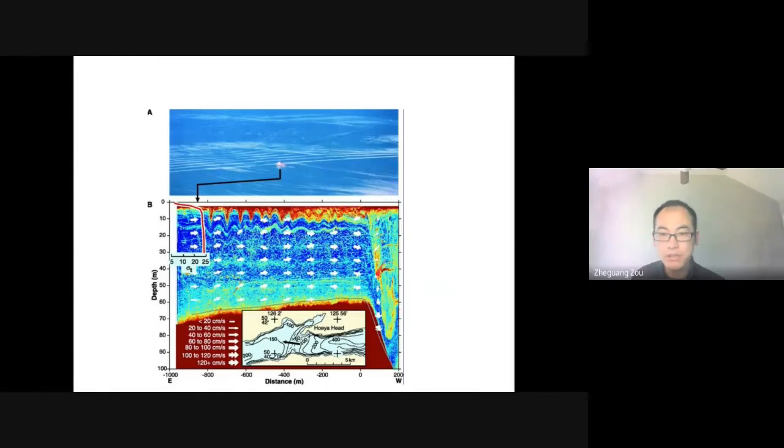But this part looks like acoustic scattering. Anyway, the main message here is that you can see a lot of waves in the water, although the surface is pretty calm. So this is how they observe internal waves.